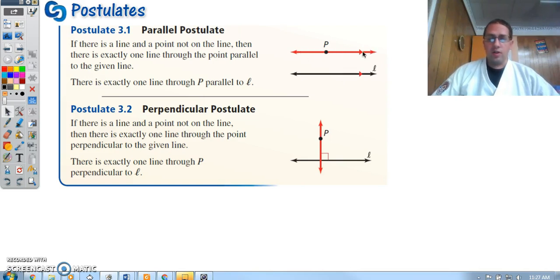This red line is the only possible line through point P parallel to line L. That's it. The perpendicular postulate says basically the same thing, only it says that there's only one line perpendicular to line L that goes through point P. This is the one and only one. There can only be one. All right. That's what it says.